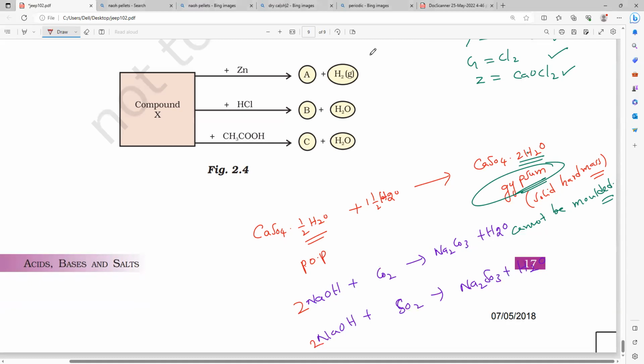Do it fast, all of it. Any doubt, you can ask. Clear, everybody?